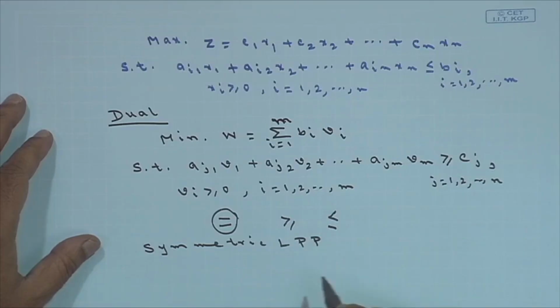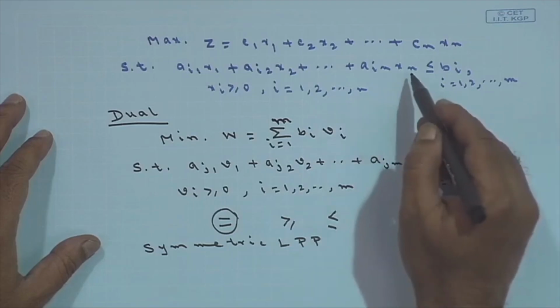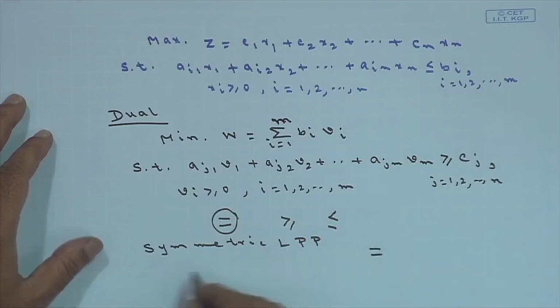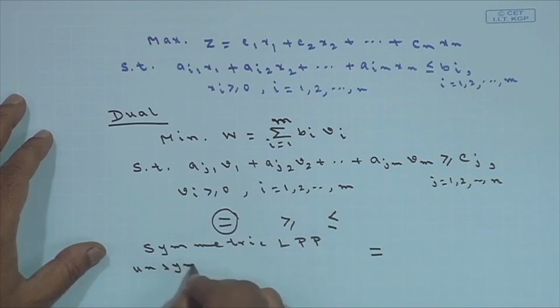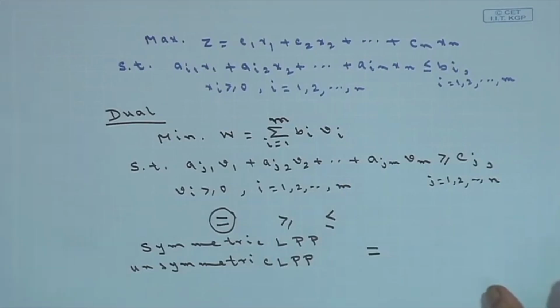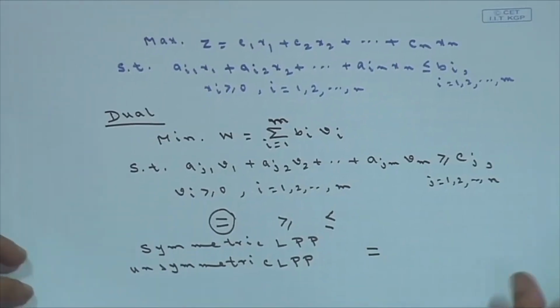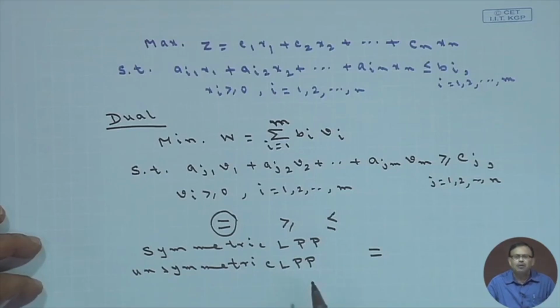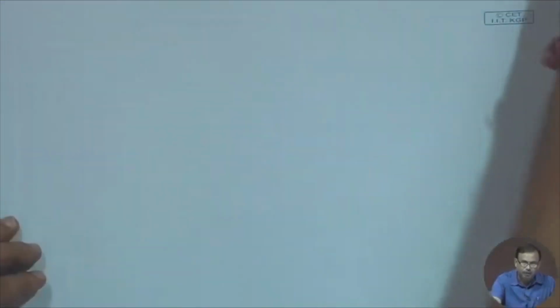Whereas if the primal LPP has only equality type constraints, then we call it unsymmetric LPP. So, please note this: if in the constraints you have greater than or equal or less than or equal inequalities, then the primal and dual problem is known as symmetric LPP, whereas if the constraints contain only equality type, then we call it unsymmetric LPP.